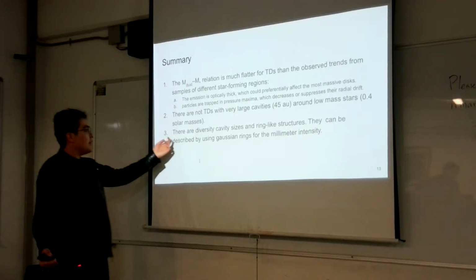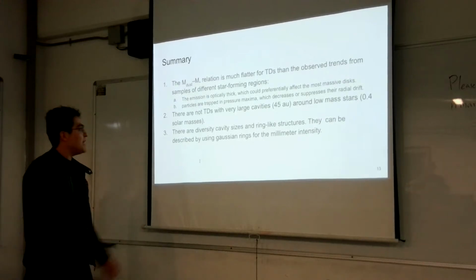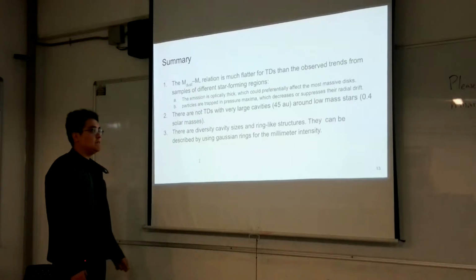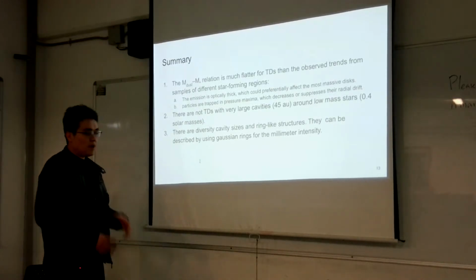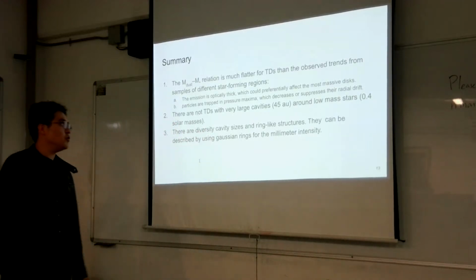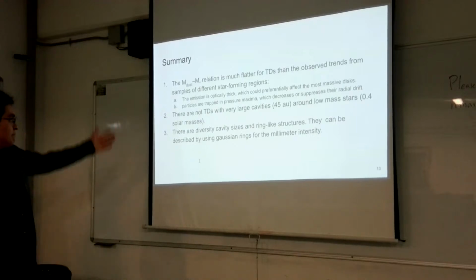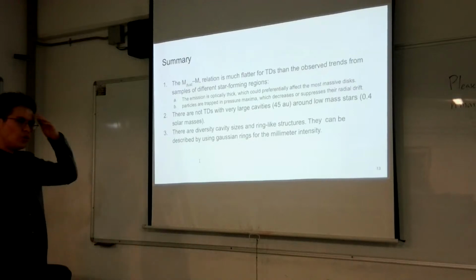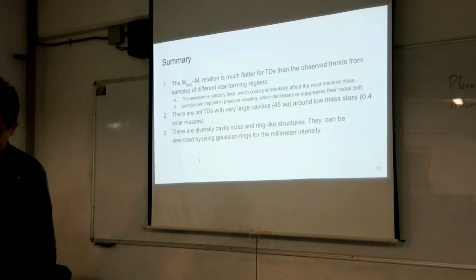Also, there is a diversity of cavity sizes, as I told you, and structures, and they can be described using this Gaussian method. There are no transitional disks with very large cavities around low mass stars, as I showed you in the previous plot. So that was the paper, and they continue. They have another 2 or 3 papers about this part. Thank you.